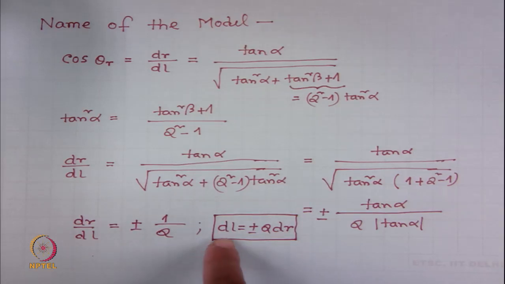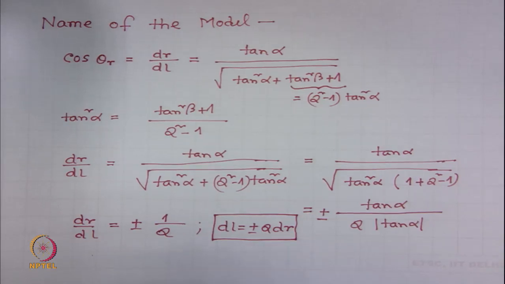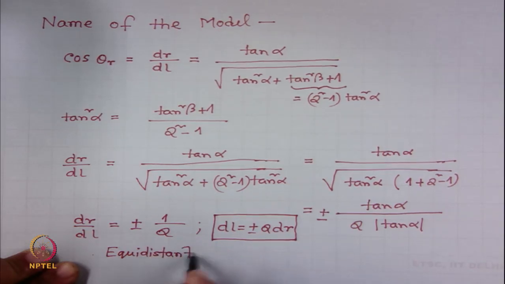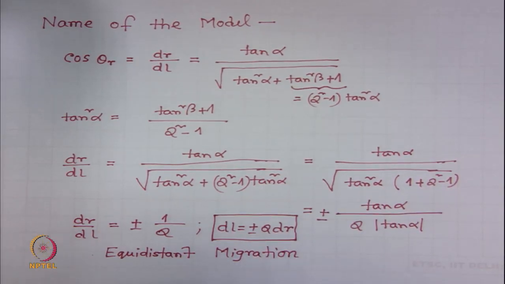That is why this model is called the equidistant migration model.